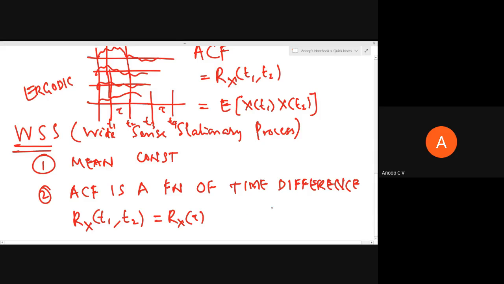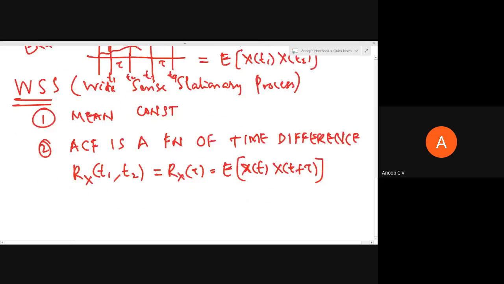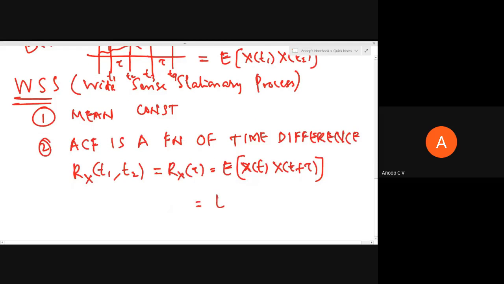And this can be written as the expectation of x of t into x of t plus tau, or you can even write it as the expectation of x of t minus tau into x of t, where tau is the time difference.